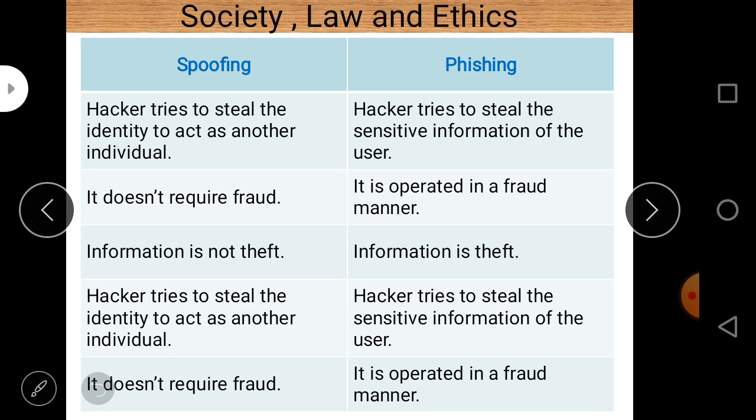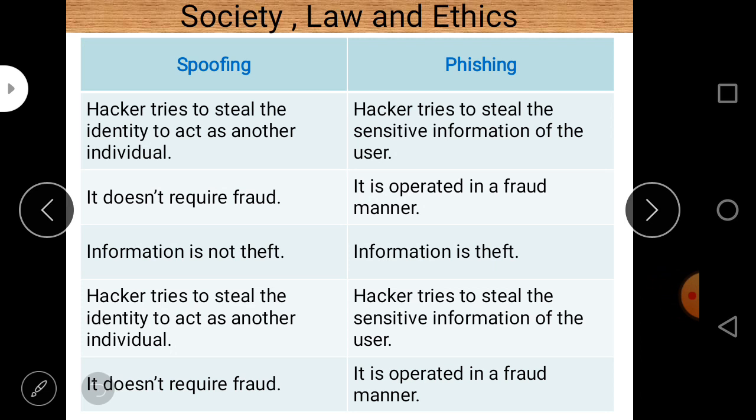Second point is that phishing is operated in a fraudulent manner, and spoofing does not require any fraud. In phishing, information is stolen, but in spoofing, information is not stolen, identity is stolen.